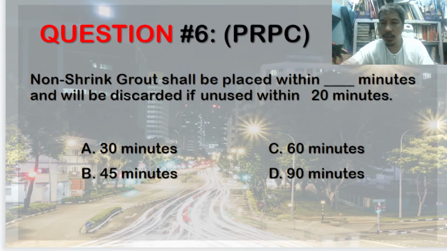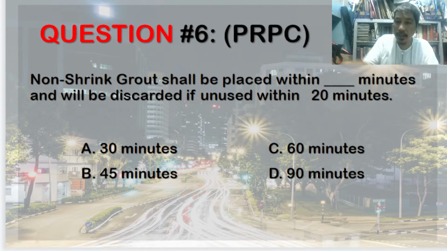Why is it 60 minutes and 20 minutes? 20 minutes is less than 60 minutes. So it must be placed within 60 minutes, but discarded if unused within 20 minutes. Why? Because even if you are not using it, you can move it. You can manipulate the grout so that it will not dry.